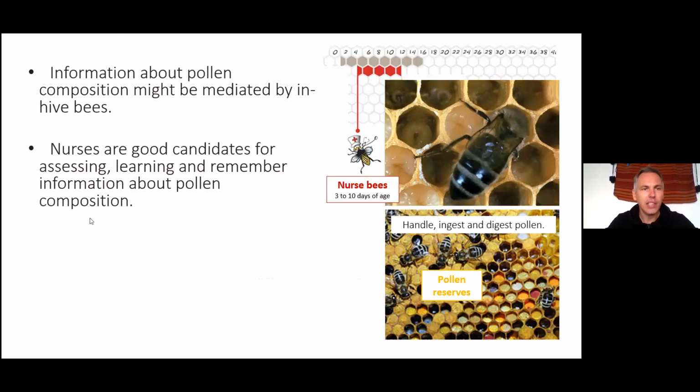We argued that information about pollen composition is somehow transferred inside the hive, that the foragers need to be in the social context to be able to learn about pollen composition, and that these transfers of communication might be mediated by in-hive bees.